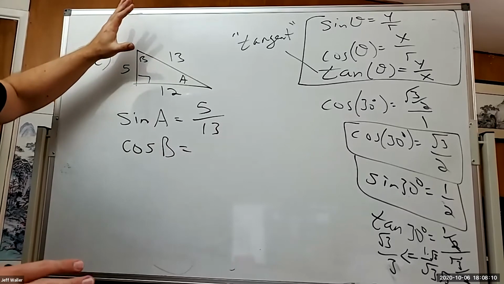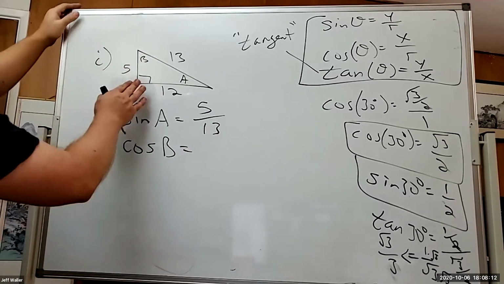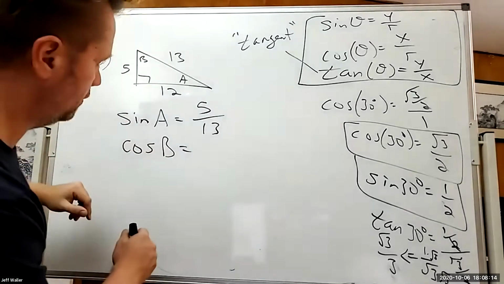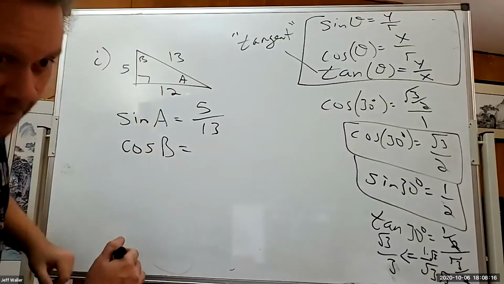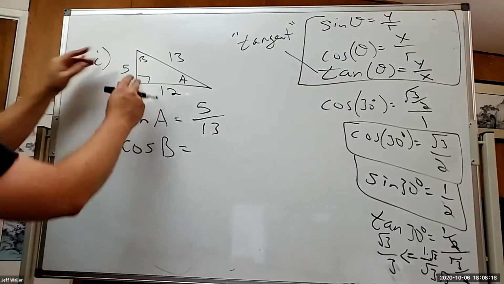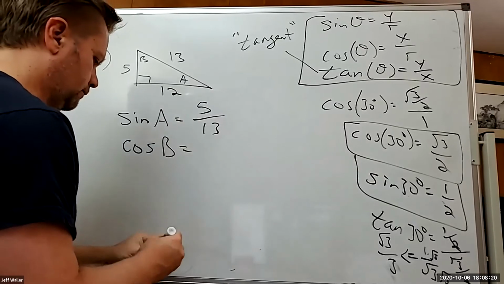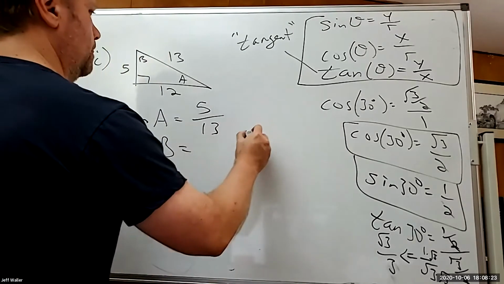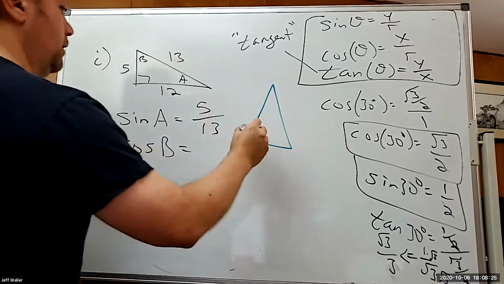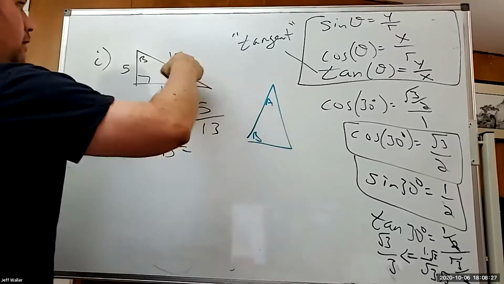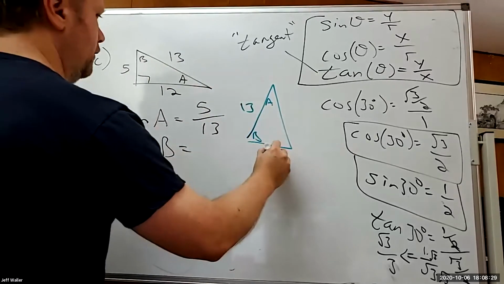Stay with me. So I need to do this in my head. Or you can redraw it so that it's in the base. So that would be down here now, that would be there. This is 13 still, this is 5, and this is 12.